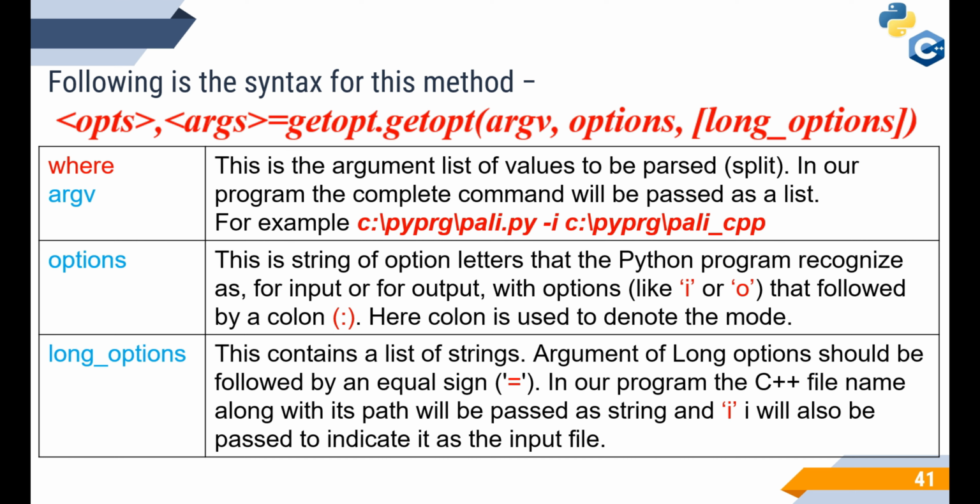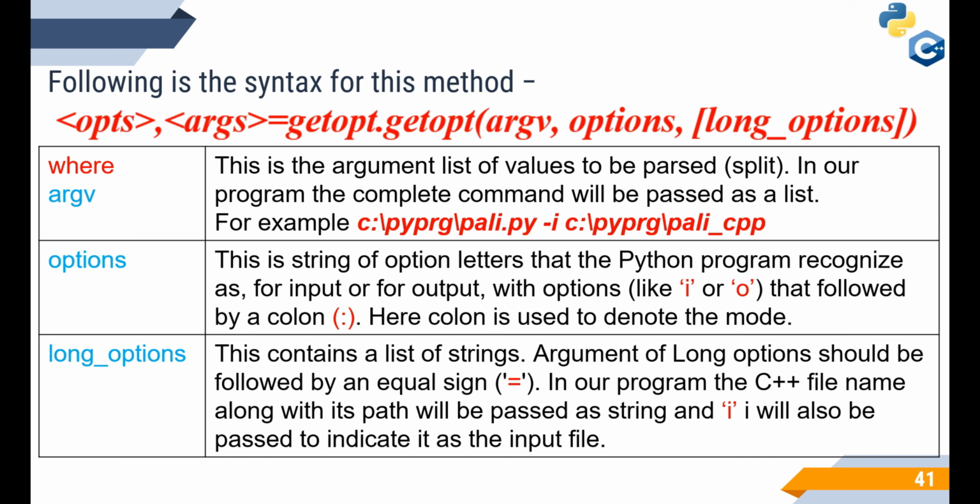opts, args = getopt.getopt(argv, options, long_options). Now, argv is the argument list of values to be parsed, split, in our program. The complete command will be parsed as a list. For example, here c:/pyprg/poly_cpp.